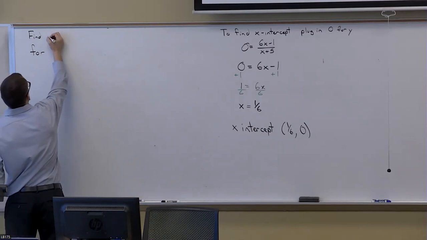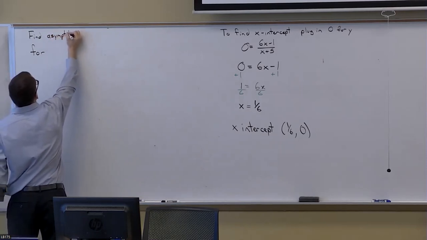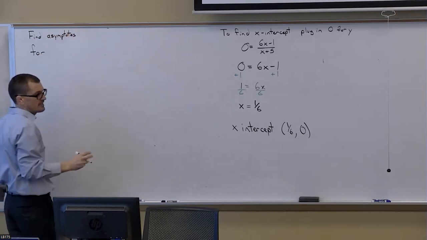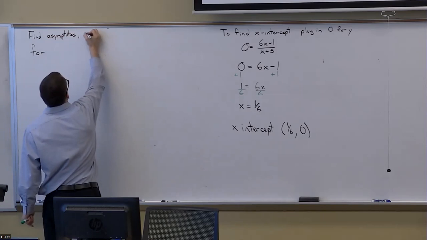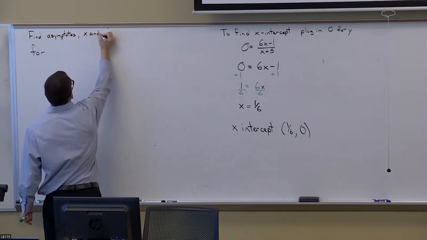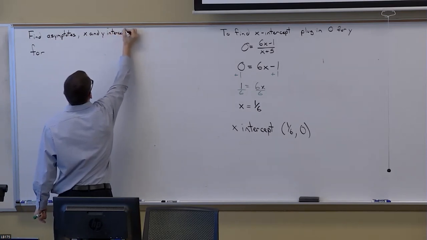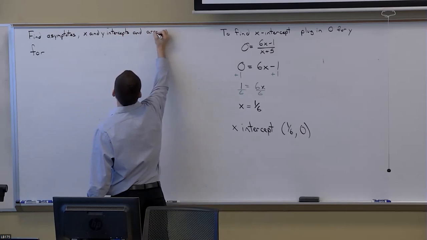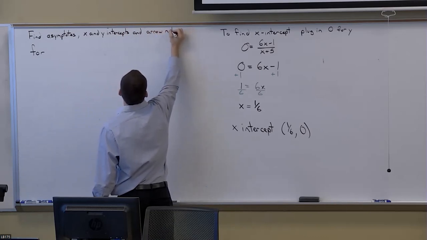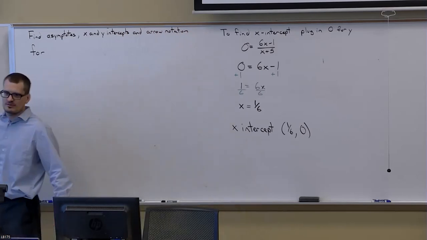Let's find the asymptotes, both horizontal and vertical if they exist, X and Y intercepts, and the arrow notation around the asymptotes.